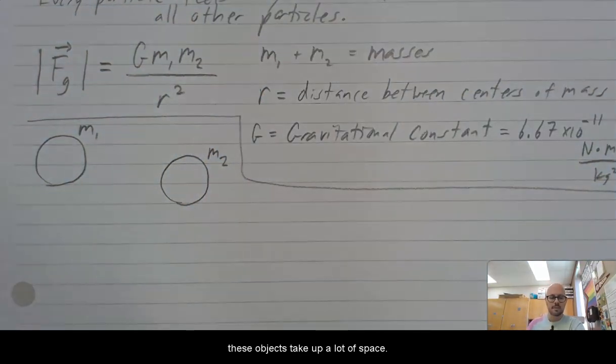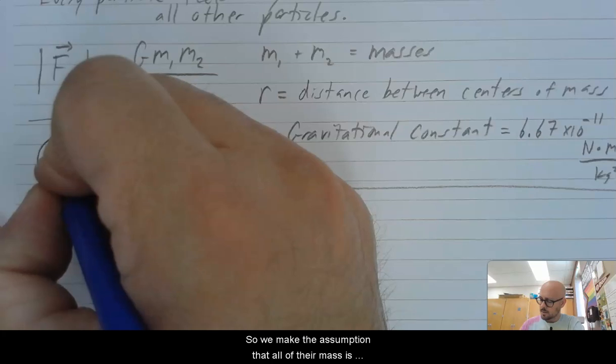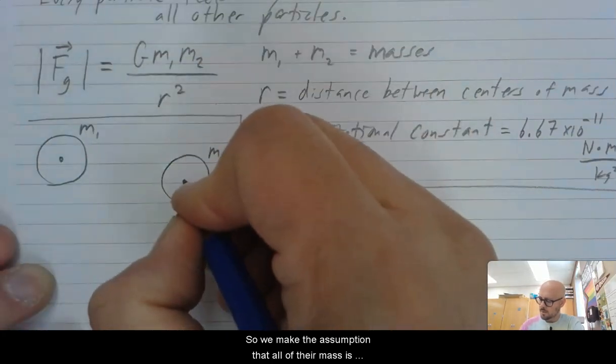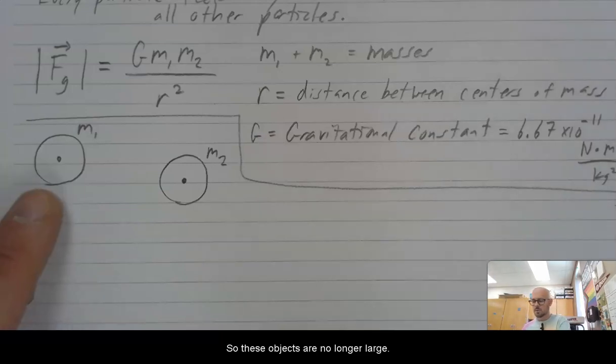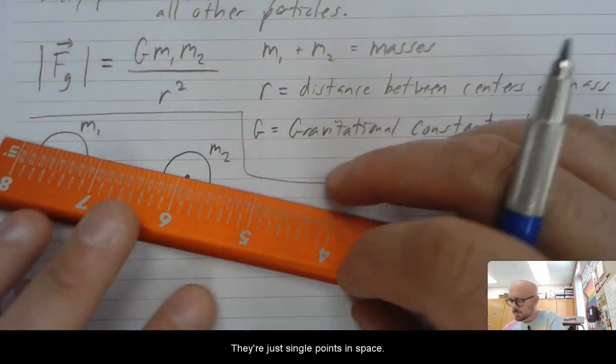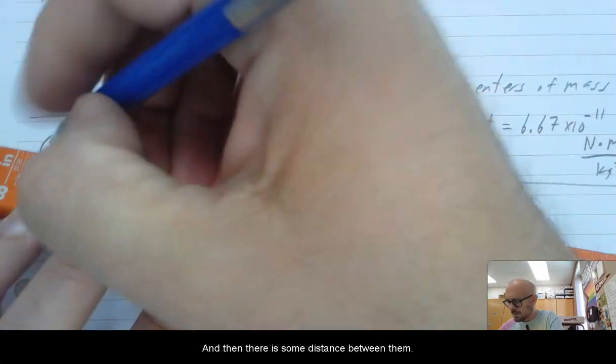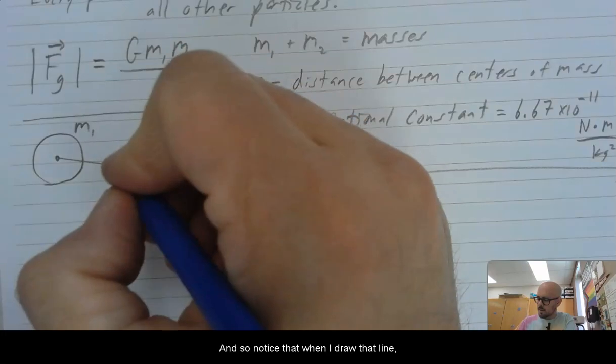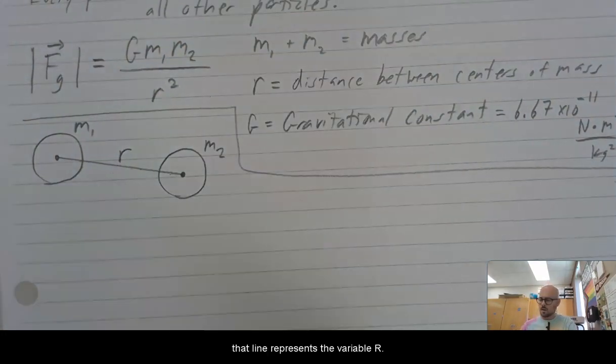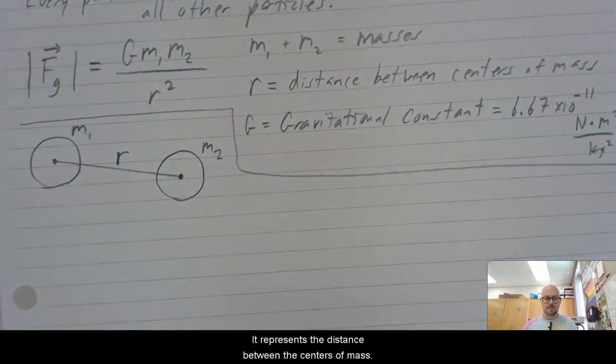Now, again, these objects take up a lot of space, so we make the assumption that all of their mass is focused at their center of mass. So these objects are no longer large, they're just single points in space, and then there is some distance between them. Notice that the line I draw represents the variable r, the distance between the centers of mass.